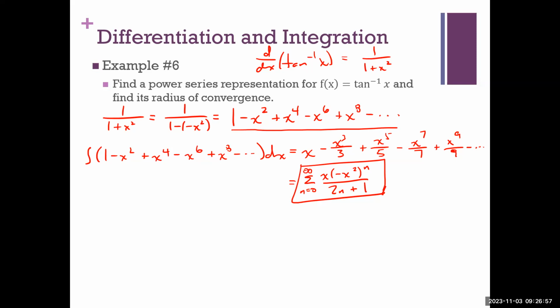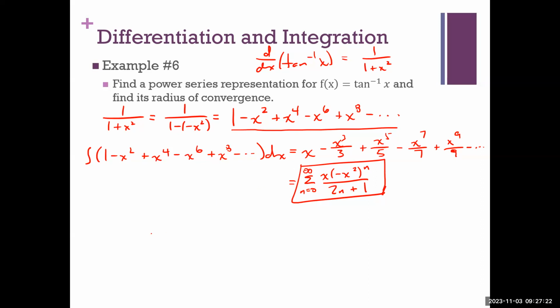Can I find its radius of convergence? So just like last time, the ratio test absolutely will do it. Can we get around that? Is there something easier, something more straightforward we can look at? We can look at the geometric series, right?